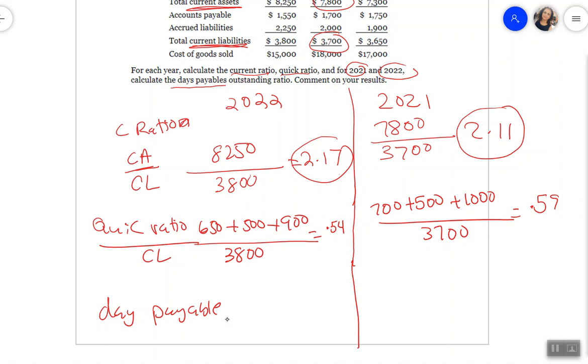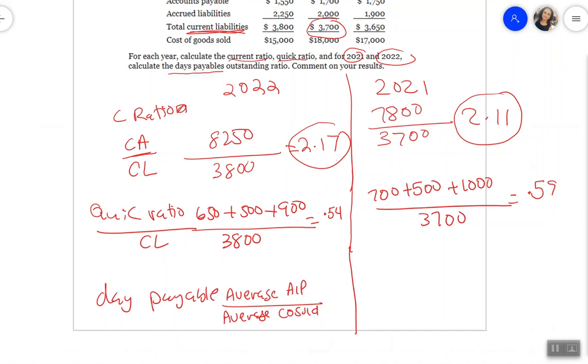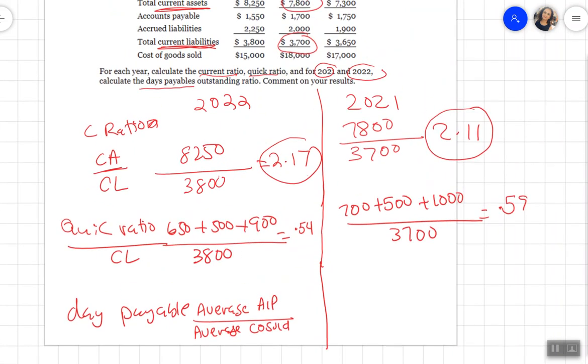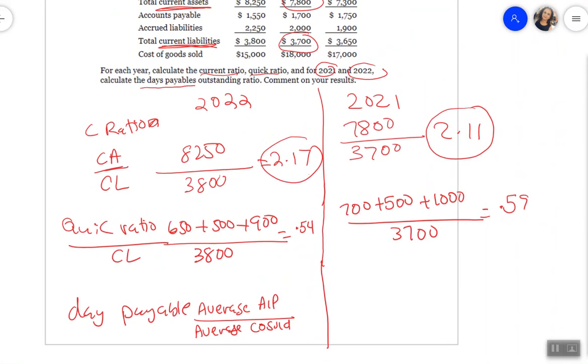What is the formula for that? The formula is average accounts payable divided by average cost of goods sold. When the word is average, you have to take the average of the beginning of the year and the end of that year.